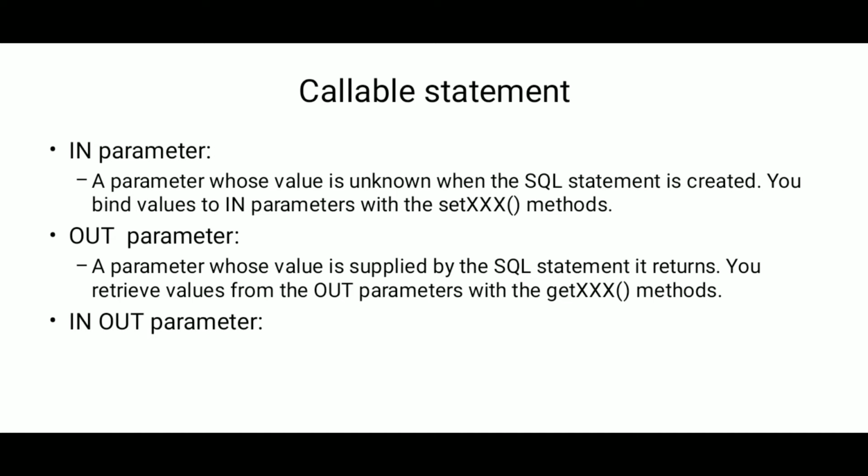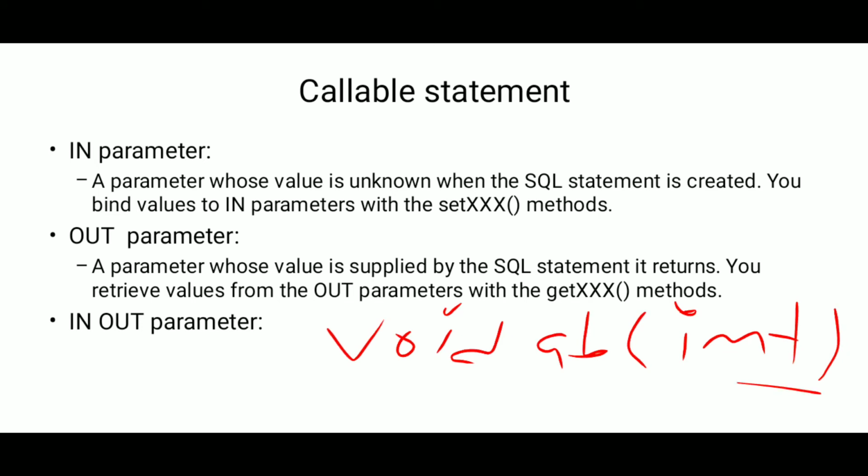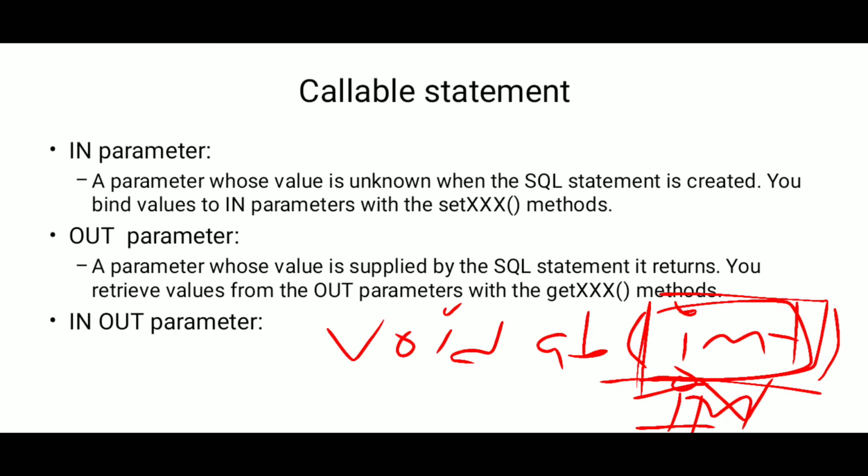Generally an in parameter is used to set the value of the parameter. For example, if we create a function like void ab, and in this we pass one parameter as an integer, here the integer works as our in parameter.